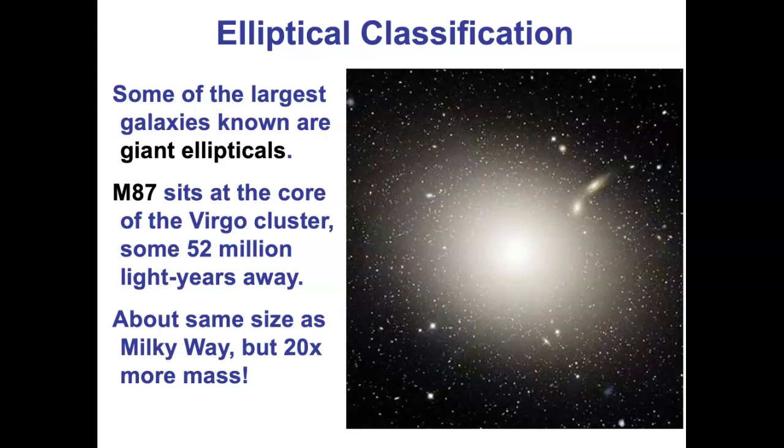Imagine how many galaxies had to be eaten up to create a galaxy that size, something that big compared to a galaxy at our size. This galaxy has eaten a lot of material, a lot of stars to become that big.